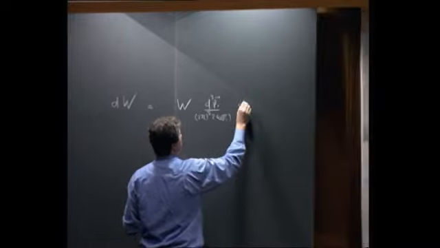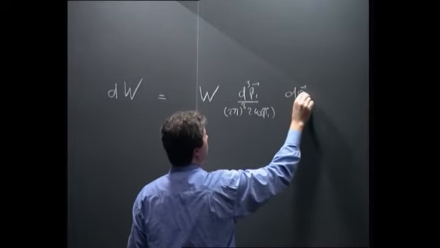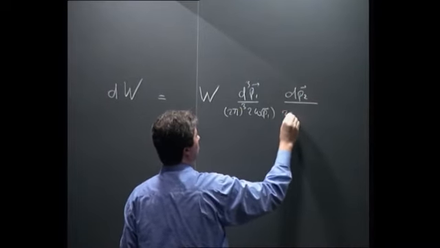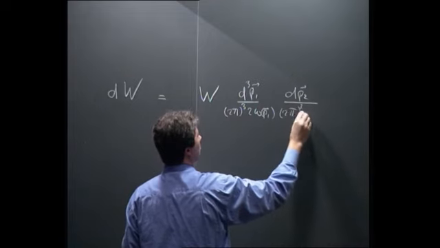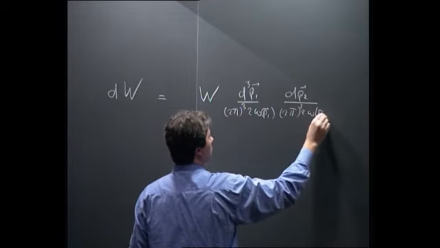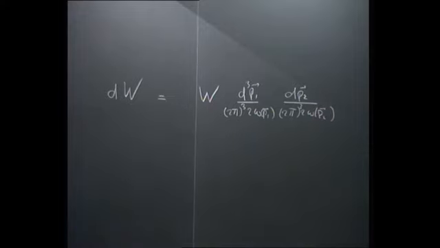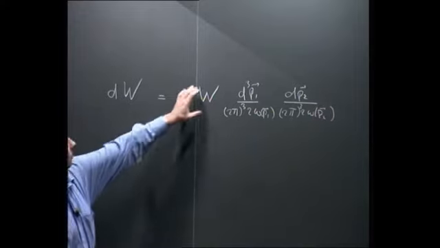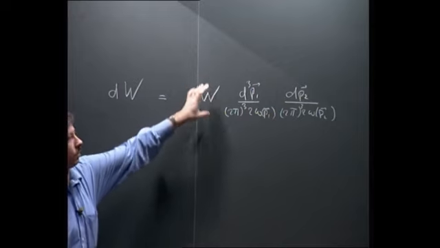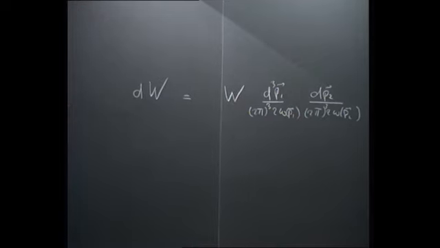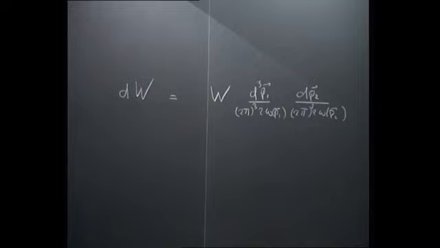These are the same integration measures which I have been writing down all along. These are Lorentz invariant. And since I don't want to write them down all the time, I define this quantity W, which I gave an expression for yesterday.